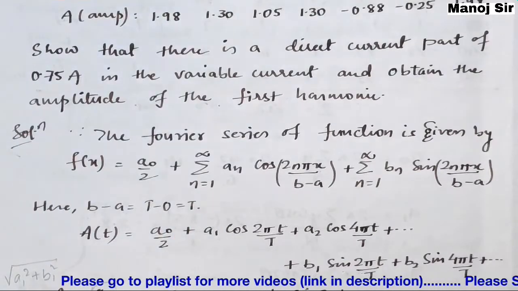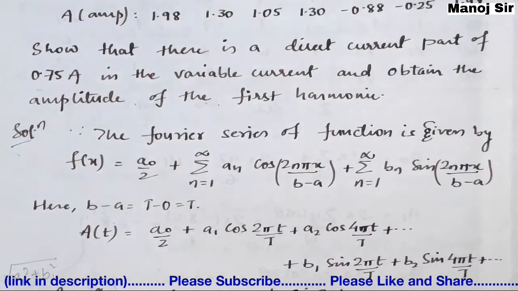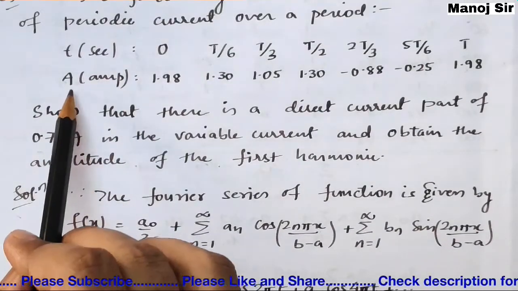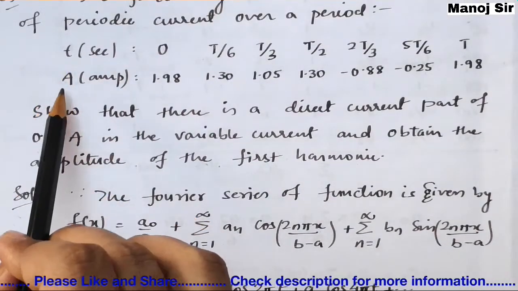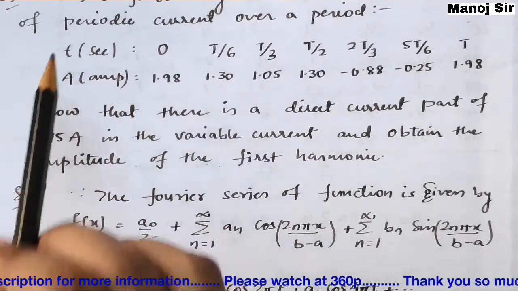Here you can see this is a function of x, but here we have a function of t.